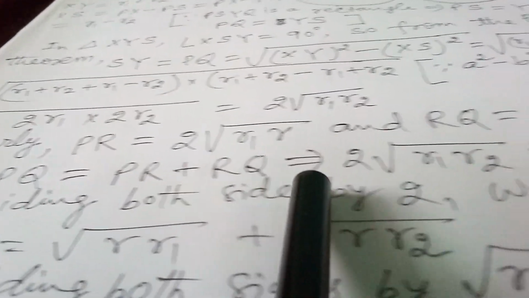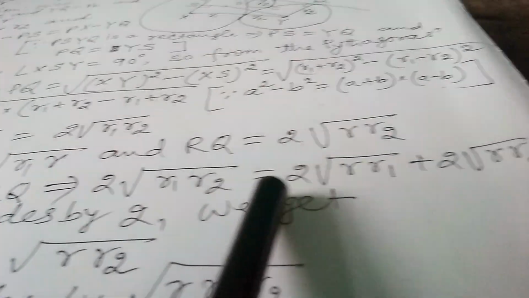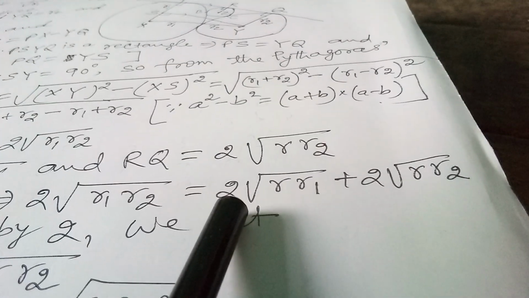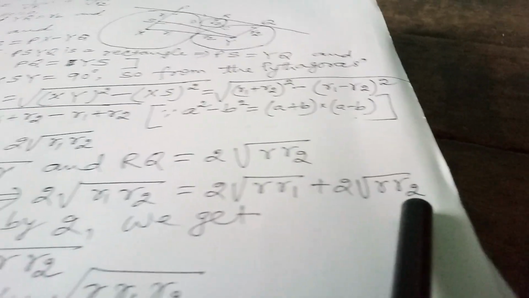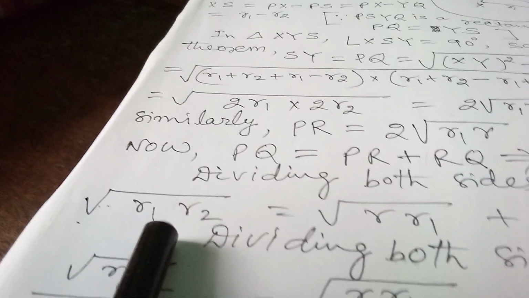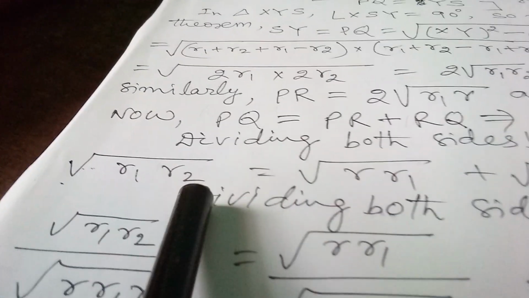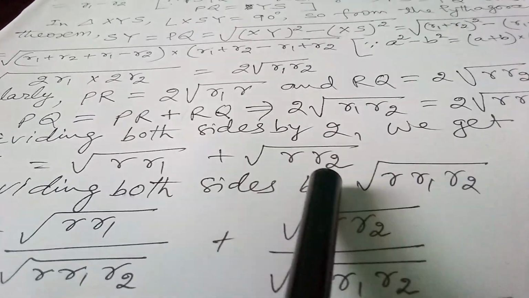And then PQ equals PR plus RQ. This implies 2 square root of r1 r2 equals 2 square root of r r1 plus 2 square root of r r2. Now we divide both sides by 2, 2 is cancelled, and we are left with square root of r1 r2 equals square root of r r1 plus square root of r r2.